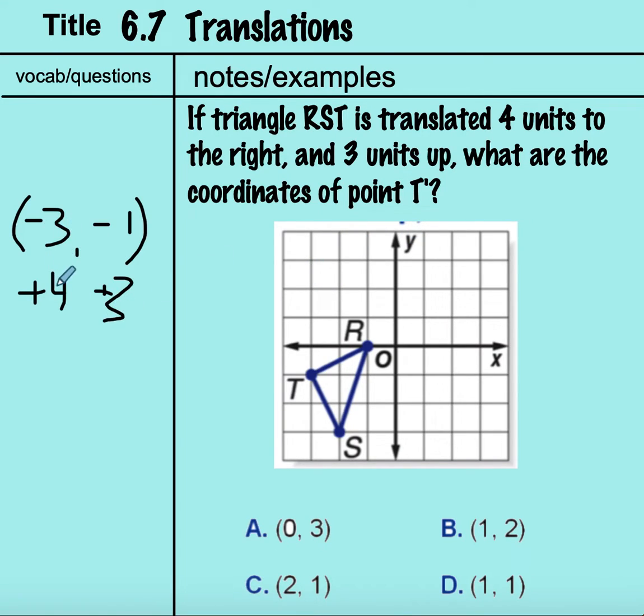So once I do that, -3 plus 4 is 1. -1 plus 3 is 2. So I get the point 1, 2 once I add those together, which is option B. Okay, so 1, 2, that's where T prime would end up after that translation.